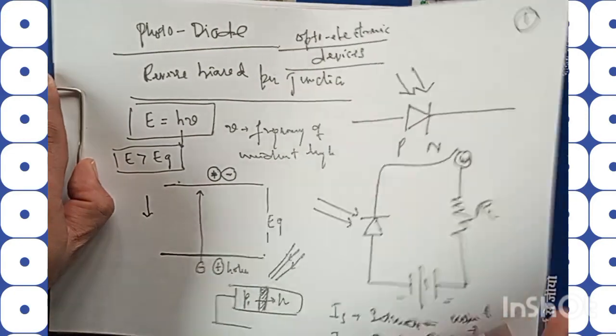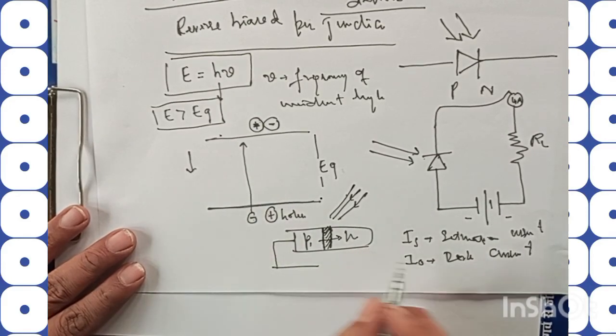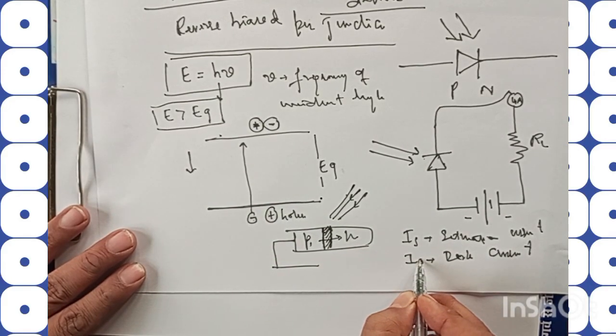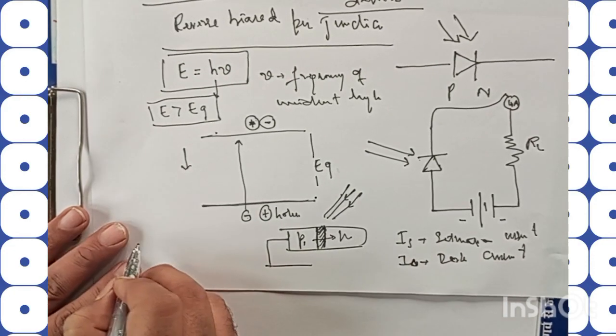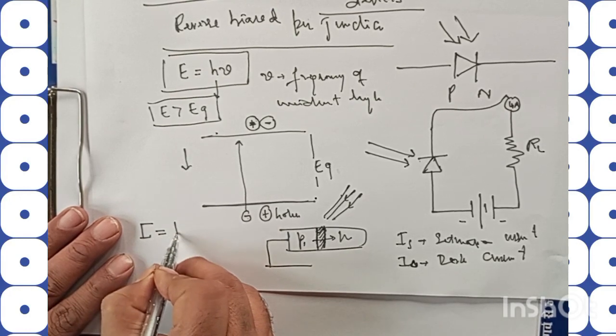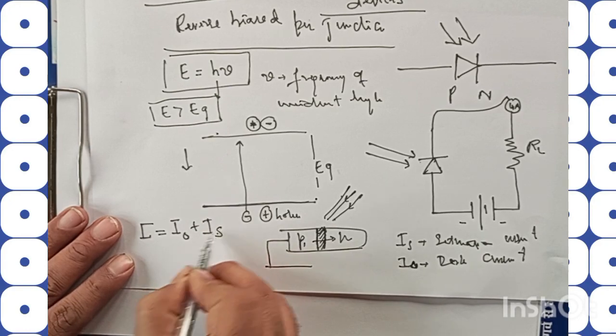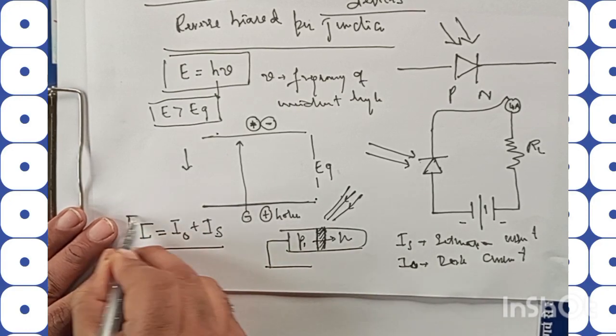One is the saturation current, and the other one is the dark current. This dark current is I naught. So you will have an additional current, so the total will be I naught plus Is.